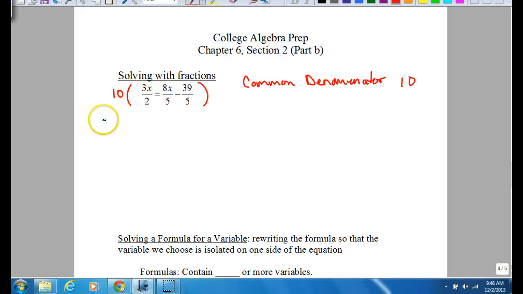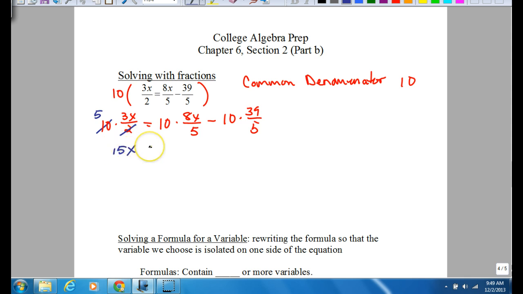Okay, so now I'm going to take this 10 and multiply it to each item in here, each term of this equation. Okay, so how many times does 2 go into 10? 5. Yep, so I'm going to take that 2, cross it out, and make this 10 a 5 instead. Okay, so 5 times 3, 15.